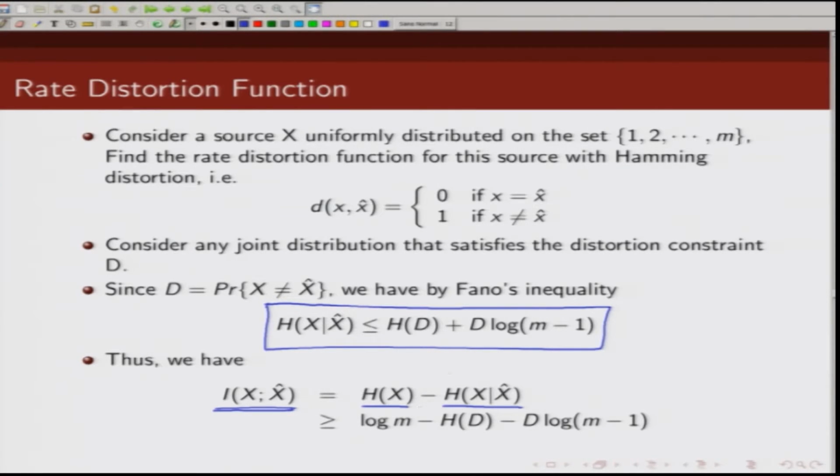Since we are subtracting a larger quantity, we now have a lower bound on the mutual information between x and x hat. So mutual information between x and x hat is lower bounded by log of m minus H of d minus d log of m minus 1. Of course, because x is uniformly distributed, H of x will be log of m.